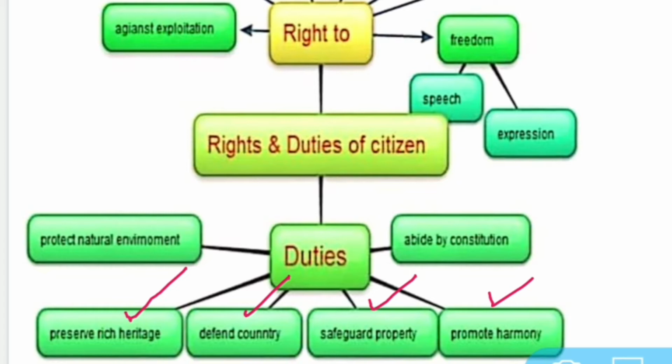If we do not fulfill our duties, then we don't have any right of any kind. All the fundamental rights included in the Indian Constitution also have duties along with them, in accordance with human rights.